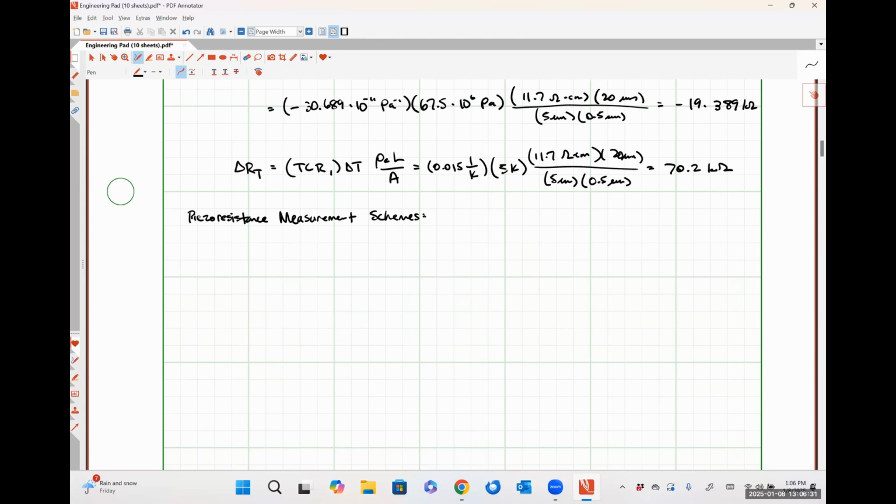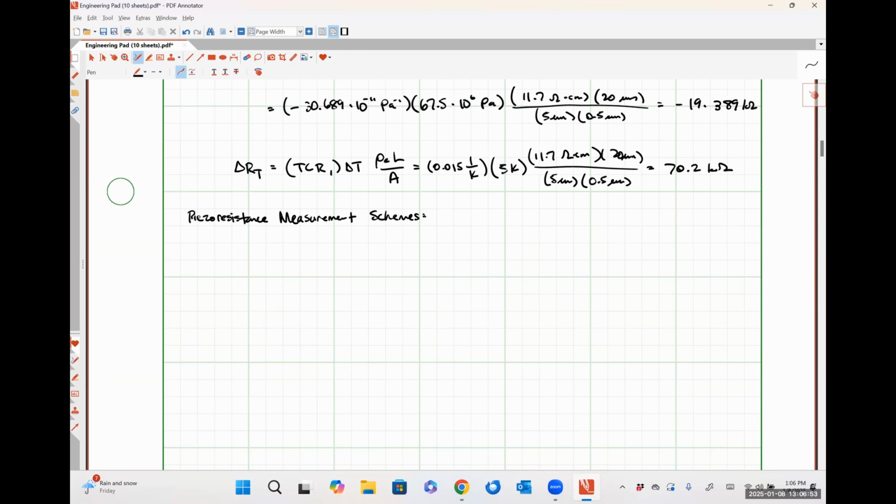So one of the reasons why piezo-resistive sensing is so widely used in MEMS devices is because it's very trivial to convert that change in resistance into an electrical signal. If we force current through our piezo resistor, we will observe an output signal that is representative of our change, right?